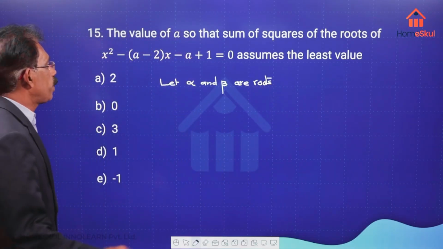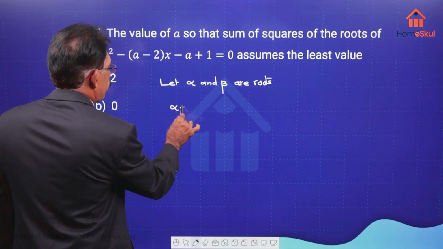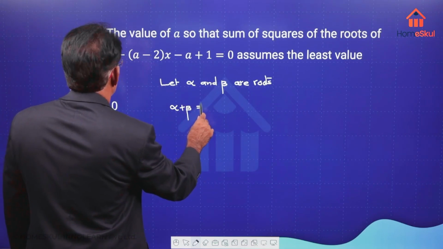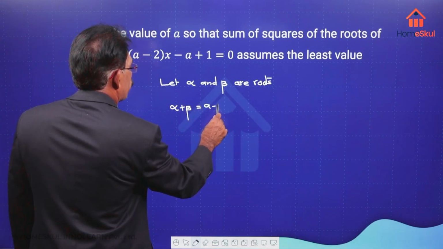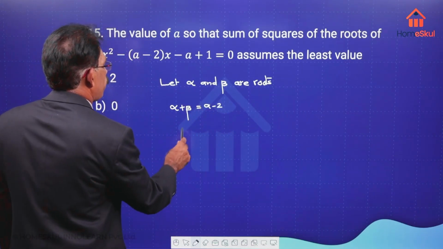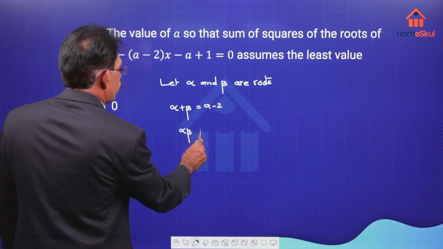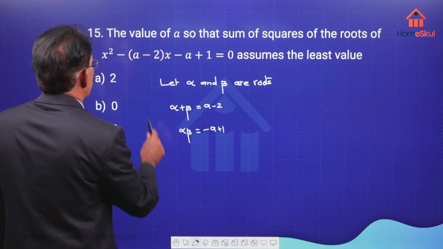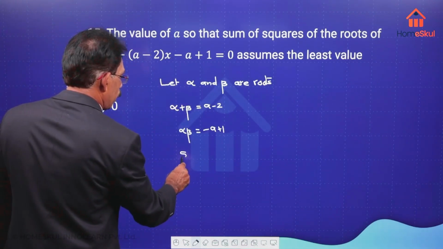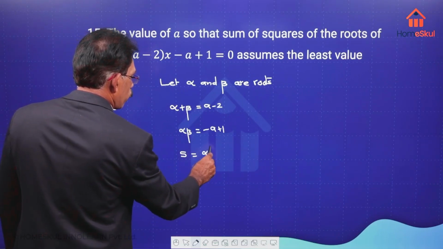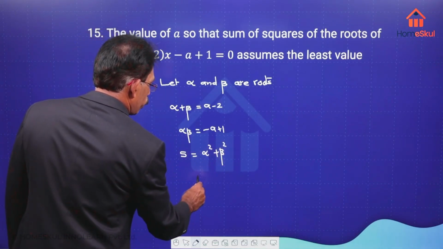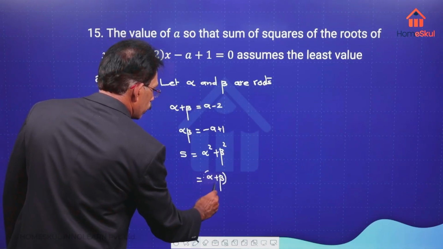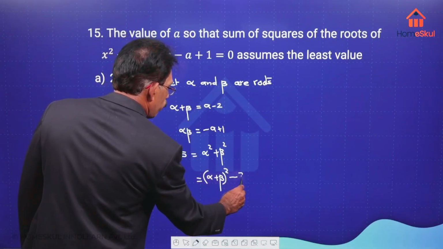Then alpha plus beta is equal to the sum, which is a minus 2. Then alpha beta is equal to c by a, which is minus (a plus 1). The sum of squares S is alpha square plus beta square, which is equal to alpha plus beta the whole square minus 2 alpha beta.